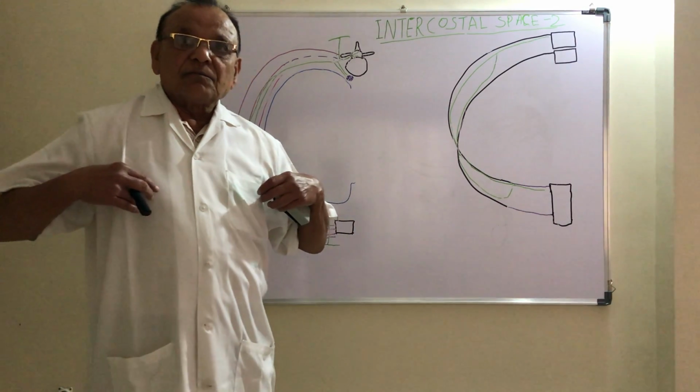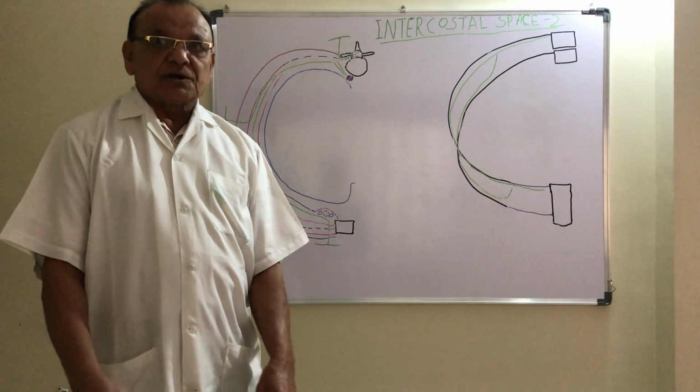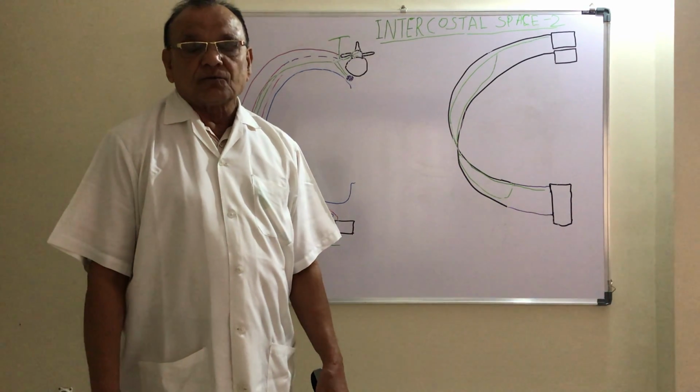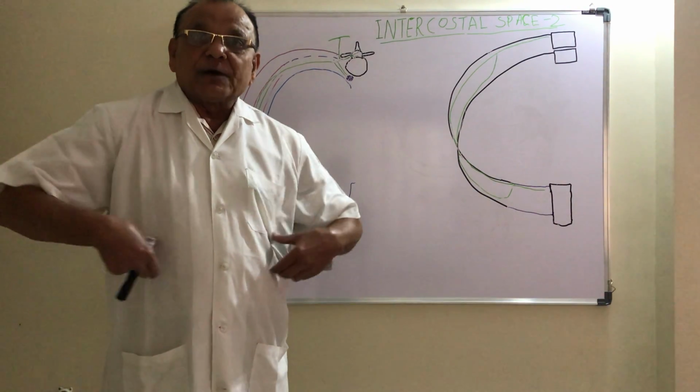Now the lower five intercostal nerves, from 7 to 11, run in the intercostal space up to anteriorly.